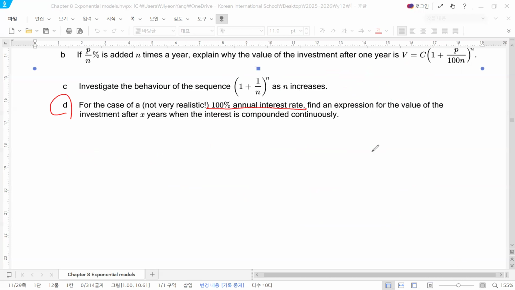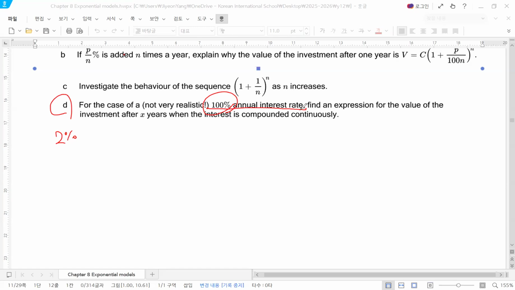I don't know, but I know in Korea the normal annual interest is around 2%. It's very low. So basically 100% doesn't make sense, right? Double your money every time. So 100% is not realistic at all because after a year, your money is going to double.